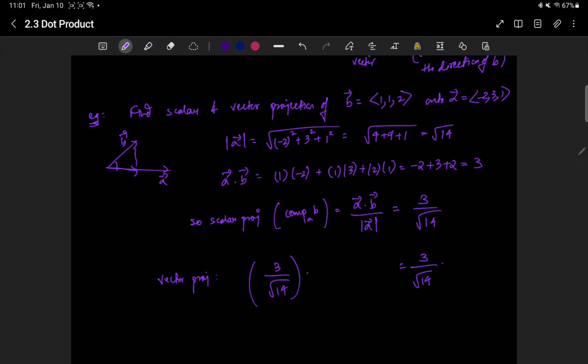We're projecting B onto A. So this should be negative 2, 3, 1 divided by another root 14. So this will be 3 over 14, times negative 2, 3, 1. So that's the vector. That's the projection of B onto this given vector A, and it's in the direction of A.